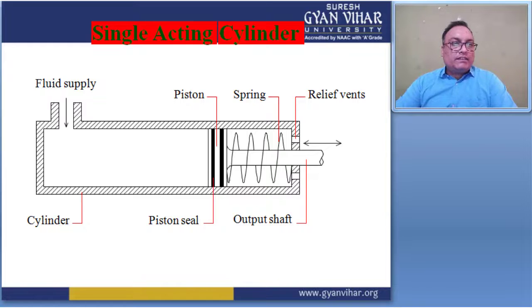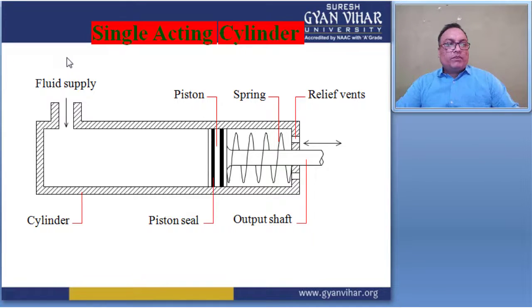In this cylinder, fluid is incoming and outgoing through only one port. This port is responsible for the inlet, and sometimes it is the outlet if the unit is not actuating, so this port is used for both operations, inlet and outlet.